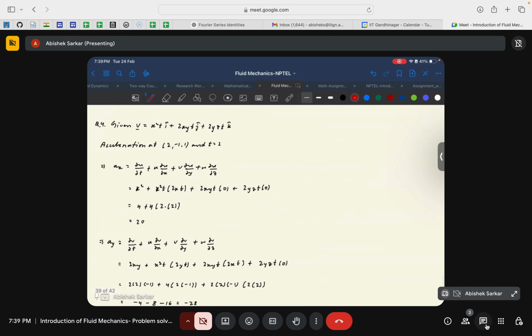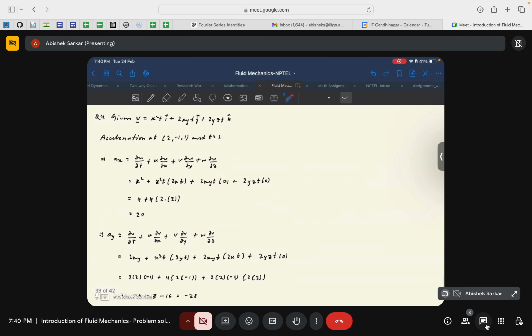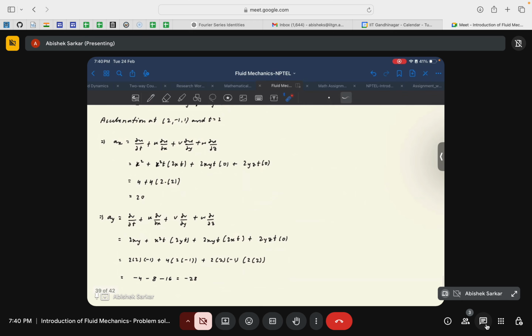So just substitute x²t as u, 2xyt as v, and 2yzt as w. The calculations are given here, and I will share this ppt today, so you'll get all the data from week 1 to week 5. You will get ax as 20.